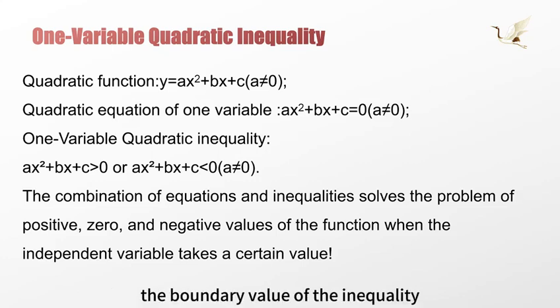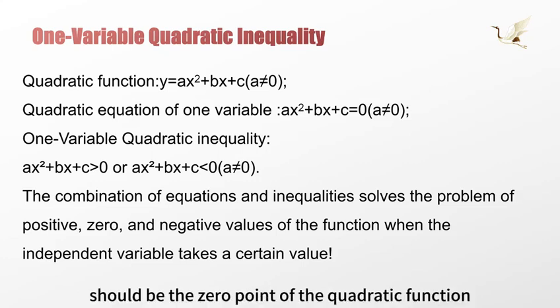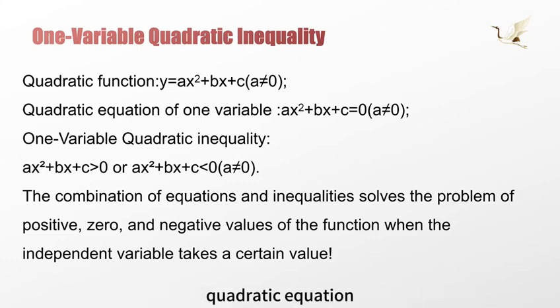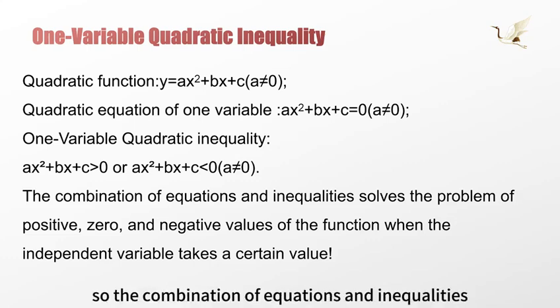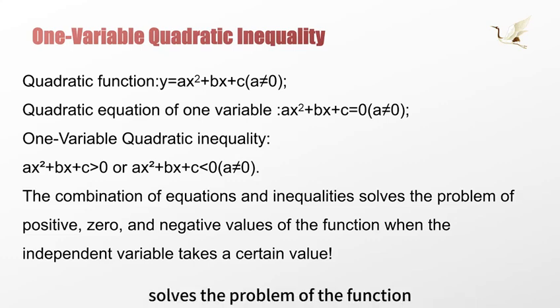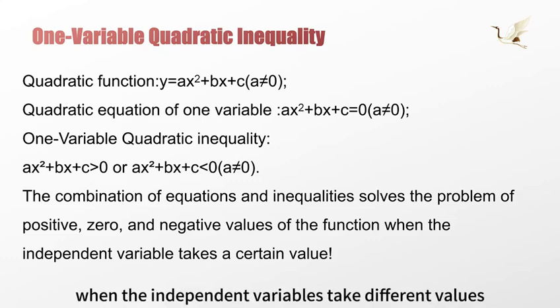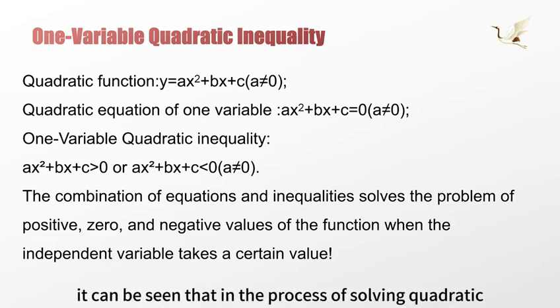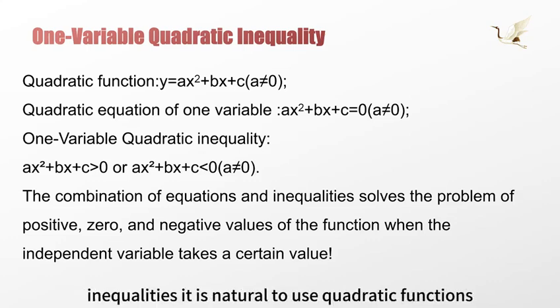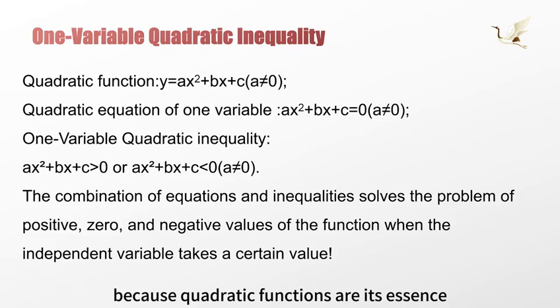The boundary value of the inequality solution set should be the zero point of the quadratic function, which is the root of the one-variable quadratic equation. So, the combination of equations and inequalities solves the problem of the function values being positive, 0, or negative when the independent variable takes different values. It can be seen that in the process of solving quadratic inequalities, it is natural to use quadratic functions, because quadratic functions are its essence.